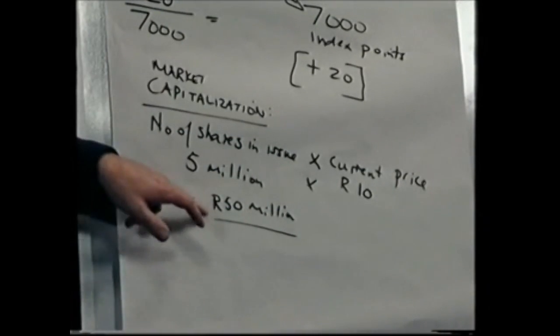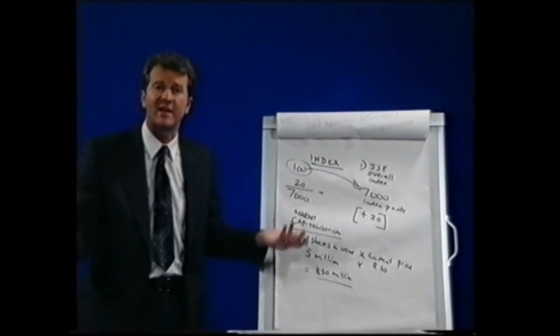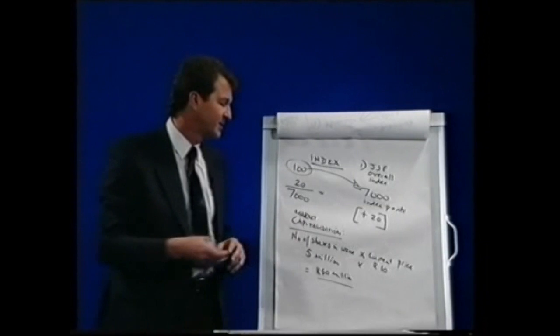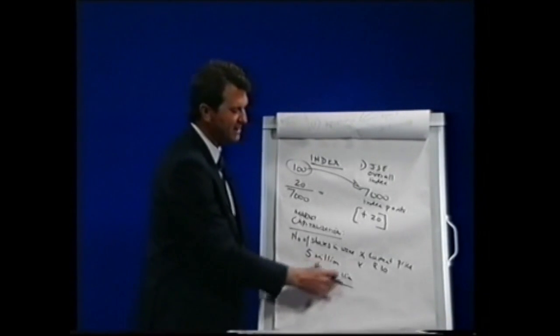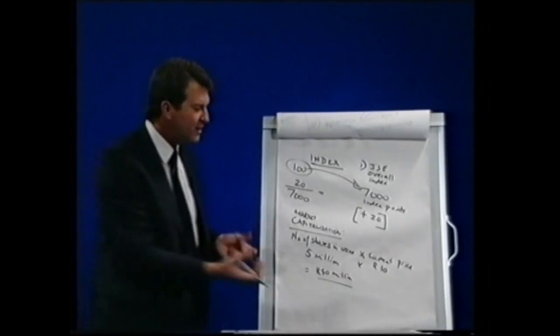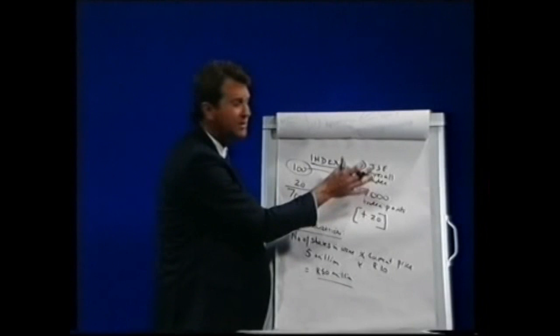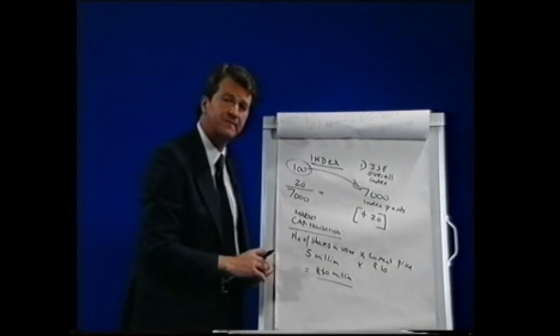Many other companies have got a market capitalization that is much lower than that. So for example, if another company, for argument's sake a company like Val Reefs, has a market capitalization of only 25 million Rand, then do you see that Val Reefs would contribute half as much towards that index as what De Beers does?